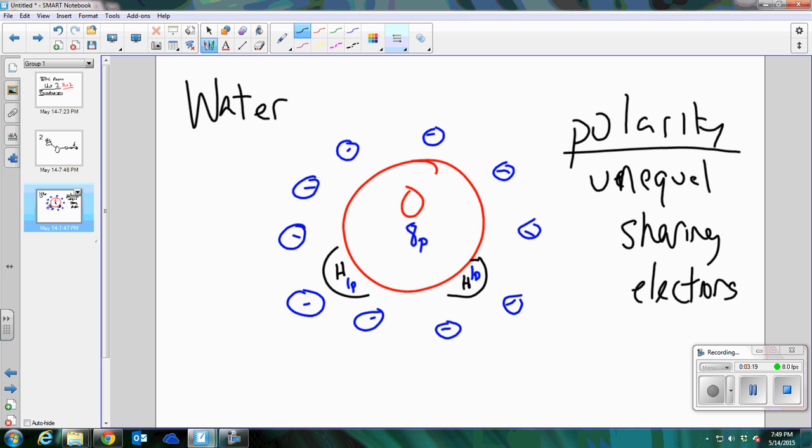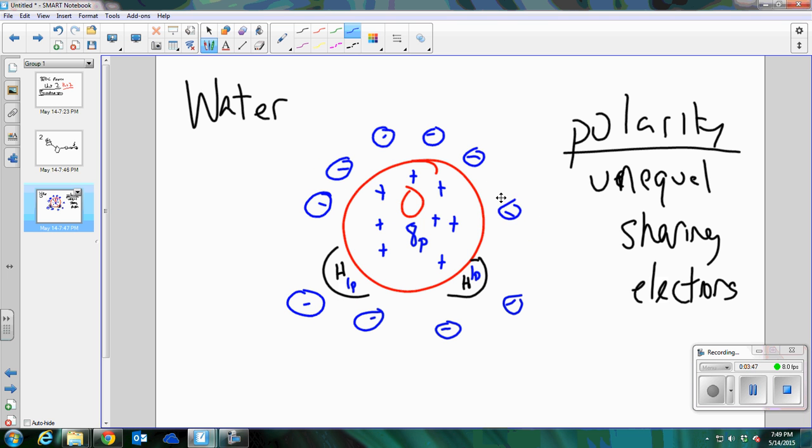So how does that work itself out? Well, oxygen has 8 positives, whereas each hydrogen only has 1. Well, most of these electrons are going to love the fact that oxygen is so positive.